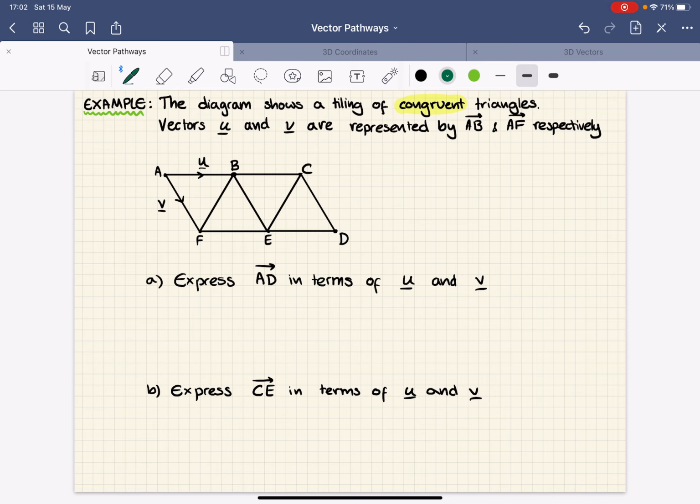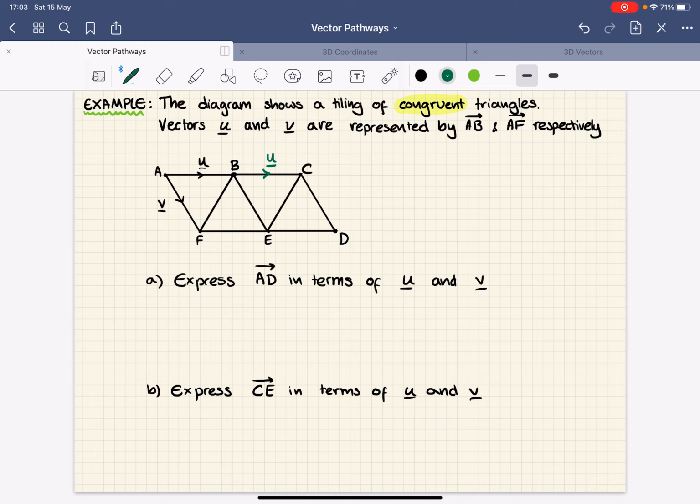So the first thing I'm actually going to do here, before I even look at the next part of the question, is because I know that every single one of the triangles here is going to be the same as this triangle, I'm going to start matching up the parallel lines, the lines that are the exact same with the vectors, because it's just going to make A and B really, really easy for me. So A to B, that's going to be the exact same as this B to C here, so that's also going to be u.